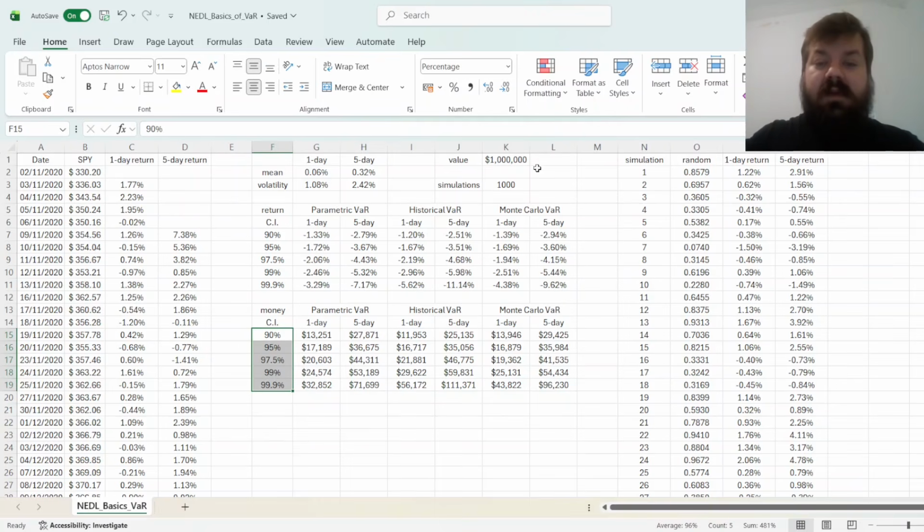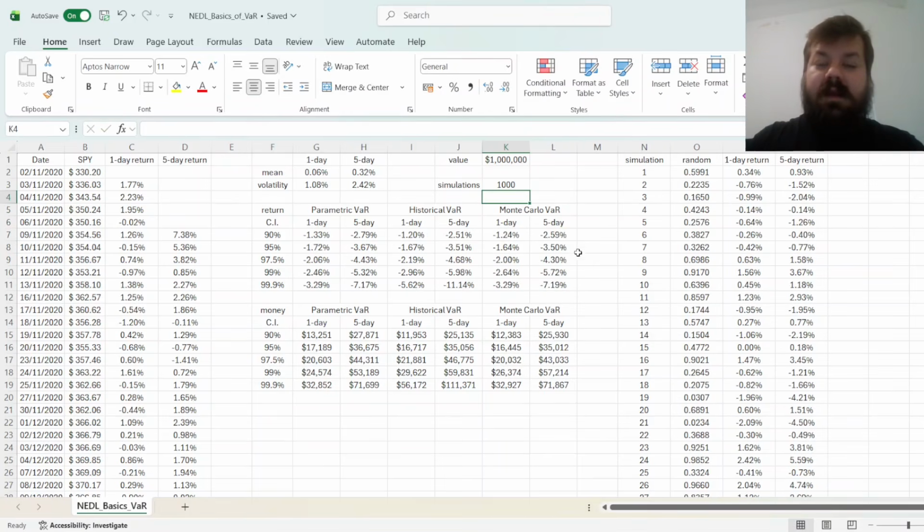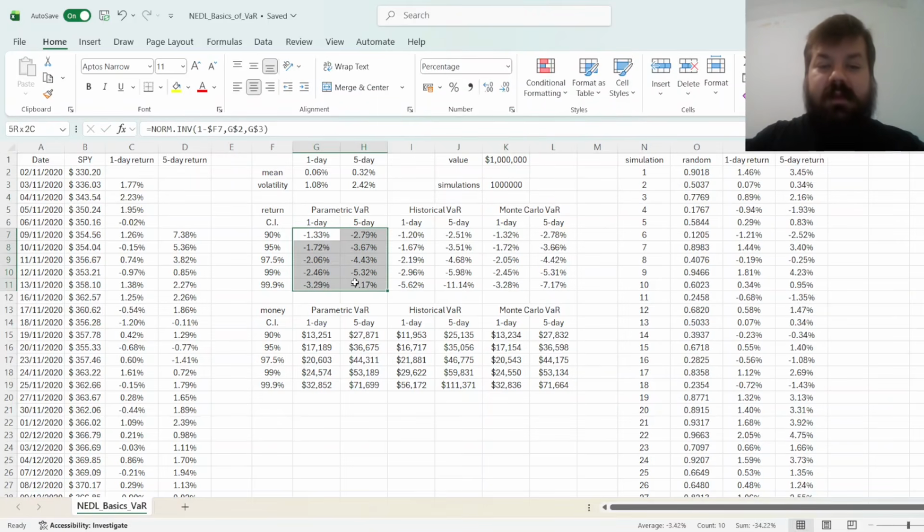First of all, with 1000 simulations, Monte Carlo VaR is quite noisy. We see that if we perform any calculations, these numbers change quite substantially, and they do fluctuate quite a lot. But if, say, we input 1 million simulations, then the output that we'll get is very close, in fact, almost identical to the output of parametric VaR.